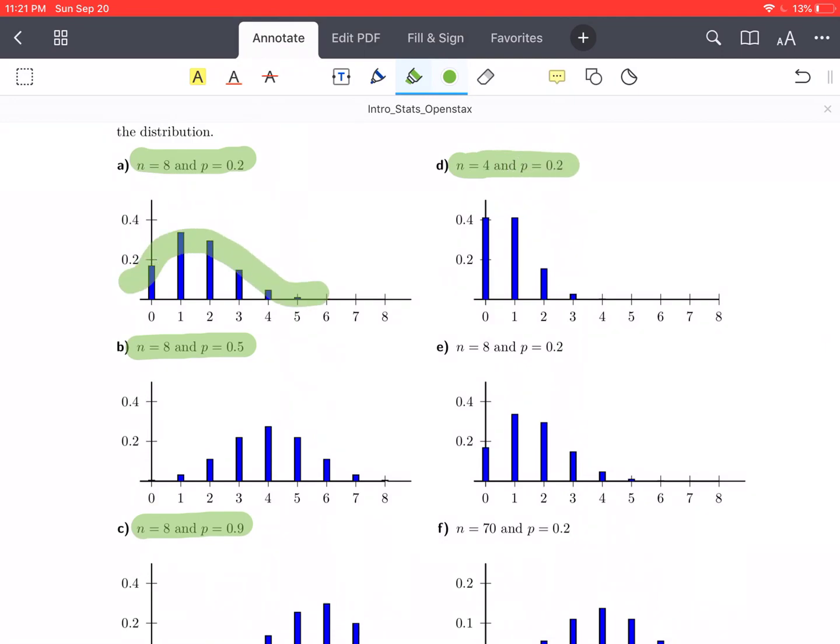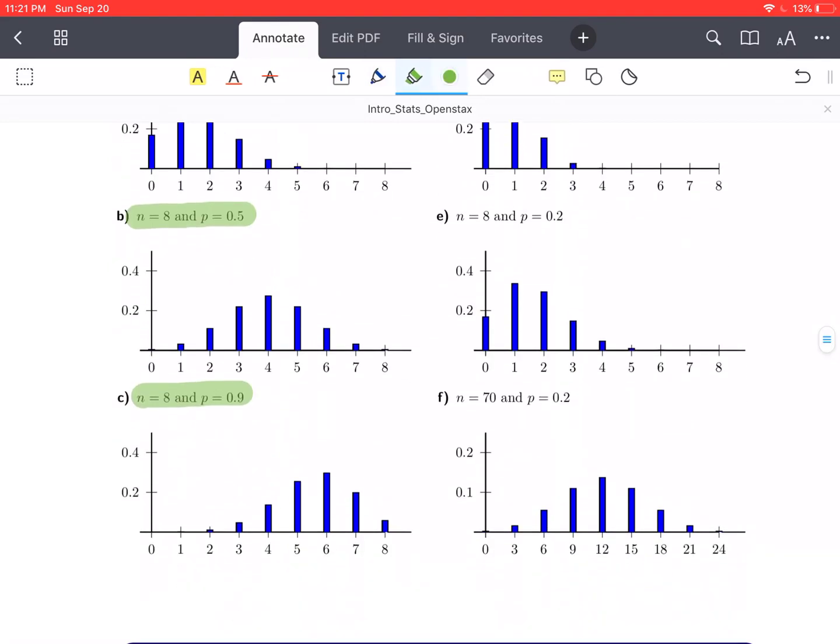Compare this one to this one. Notice this steeper drop-off, right? We can see it's much less likely to occur, at least using fewer trials. So the general rule is the more trials, the better.